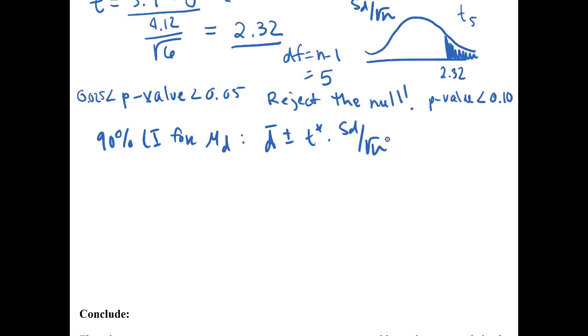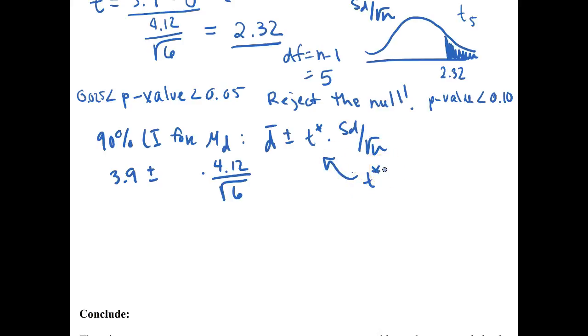So not the sample size, but the number of differences we have. And so d bar is equal to 3.9 again, plus or minus a t critical value. Let's leave a little blank space for that for a second. We'll look that up on a t-table. And we have our standard deviation of our differences of 4.12. And to make this the standard error, we need to divide by the square root of our sample size, so 6.